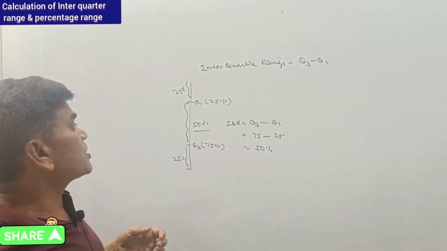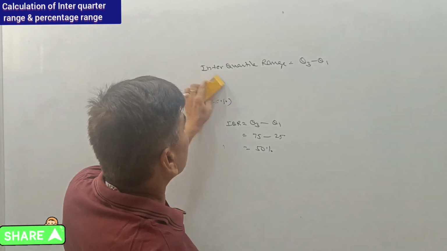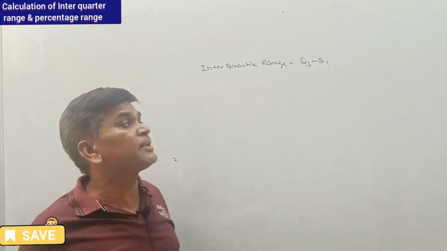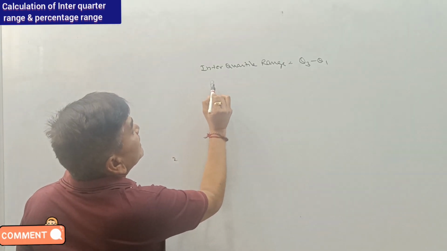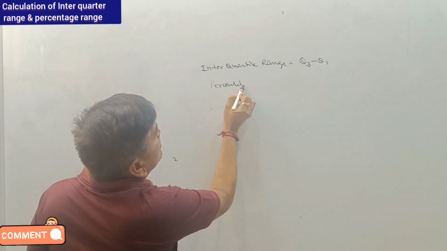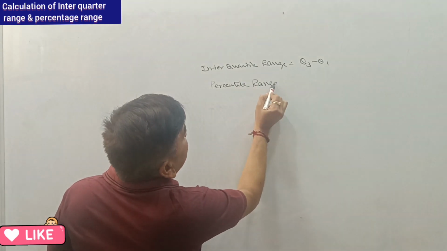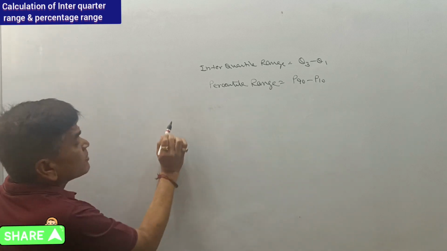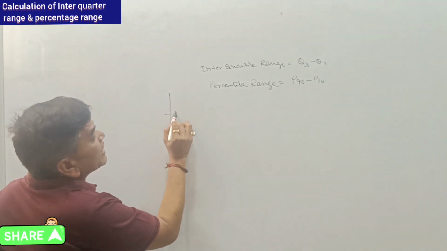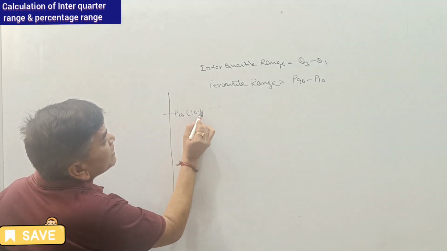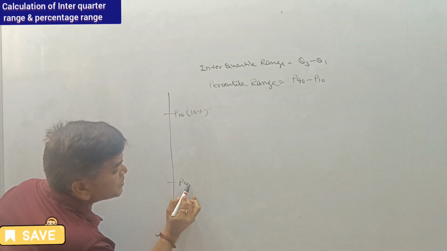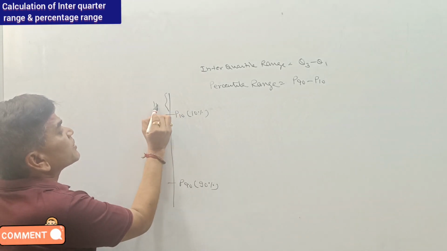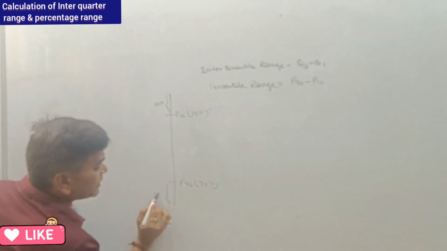If in a question someone asks for the dispersion of the middle 90% of the data, then we have to calculate the percentile range. Percentile range is equal to P90 minus P10. Here P10 shows the 10% data and P90 shows the 90% of the data. It means we have 10% here and the remaining 10% here.